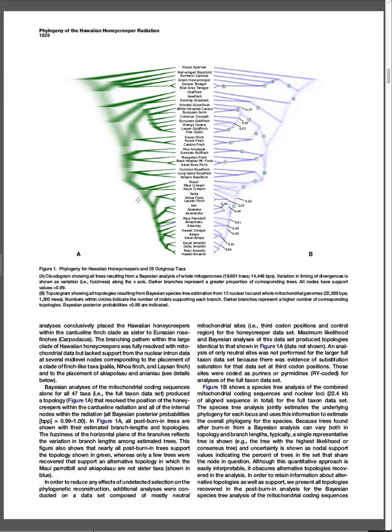On the left side of the figure, you see one set of trees, and on the right side a different set of trees. What's the difference? The left shows a tree from mitochondrial data, and the right shows a tree from 12 nuclear loci, with the whole mitochondrial genome treated as one. What you'll see is there's a lot more fuzziness in the topology, a lot more lines showing different relationships among these species.